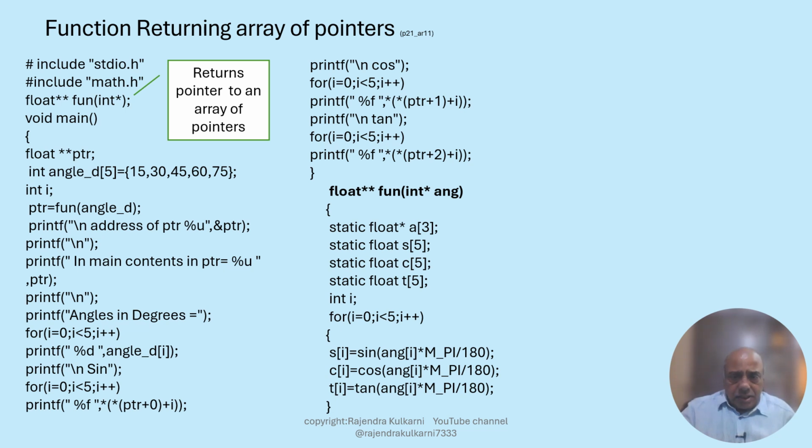What is M_PI by 180 doing here? This causes the angles, which are expressed in degrees in the array angle_d, to be converted to their equivalent radians, because all the trigonometric functions declared in the math.h file require the angles in radians, not in degrees.